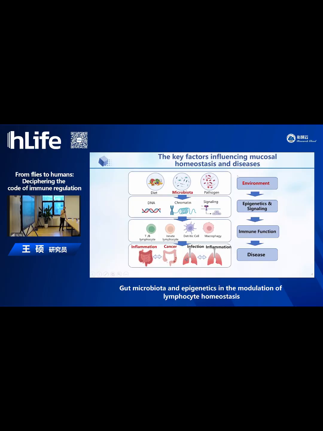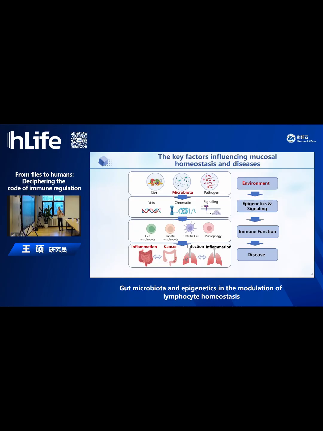The surface of the mucosal immune system will face a lot of environmental signals, not only from diet nutrients, but also from the commensal bacteria and the pathogens. These environmental signals will transduce to the immune cells and change the epigenetics or the signaling of the immune cells.